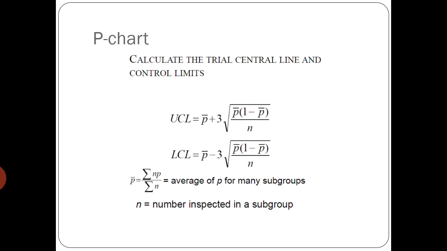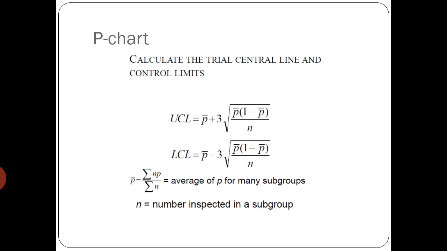Similarly, for the lower control limit, P bar minus 3 square root of P bar into (1 minus P bar) divided by small n. P bar is the average of p for the subgroups. N is the number inspected in the subgroup, or the observations.